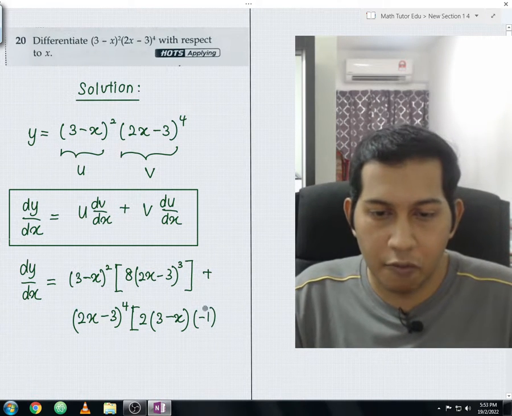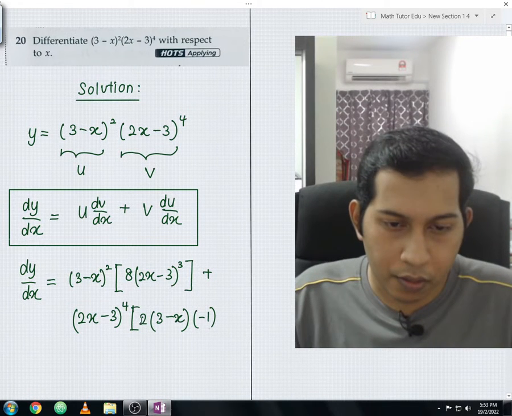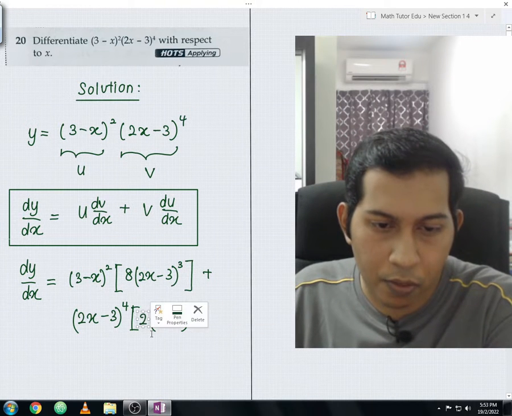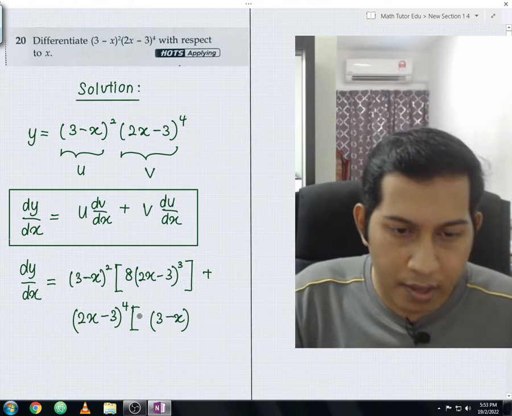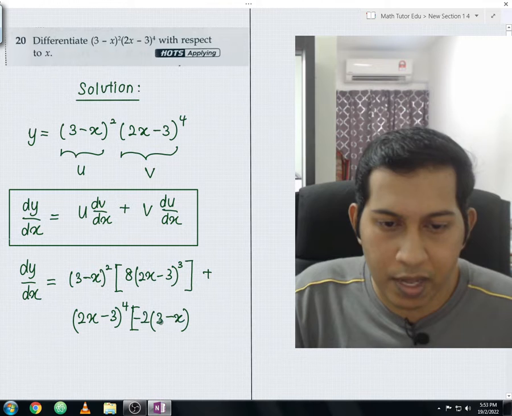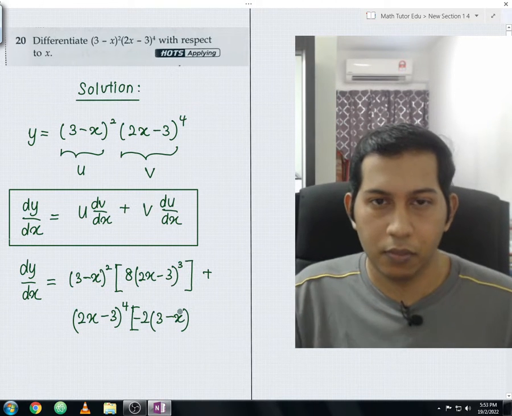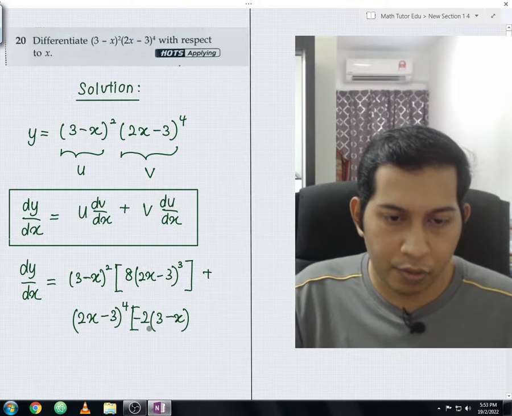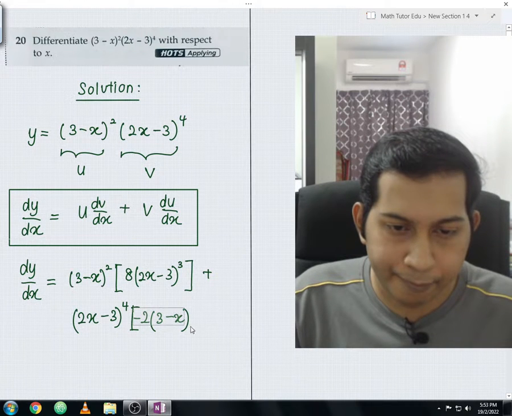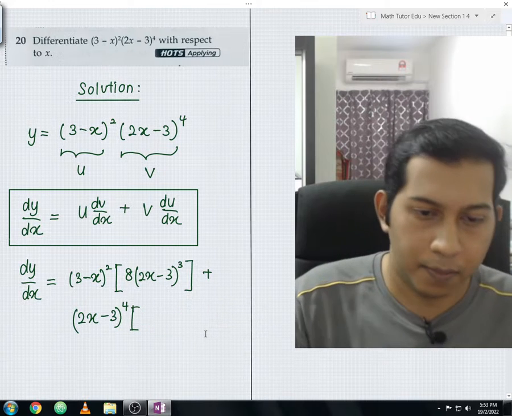So the negative 1 will later be times with the 2 over here. Overall you should be getting your du/dx is equal to negative 2 times (3 minus x). So you can solve this expression. The negative 2 you can times in the bracket. So from here you should get negative 6 plus 2x.